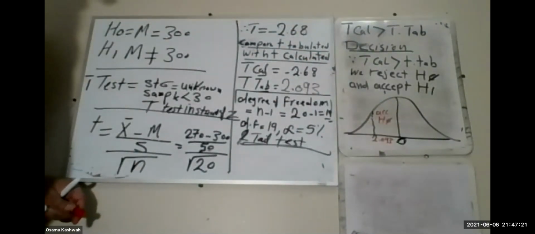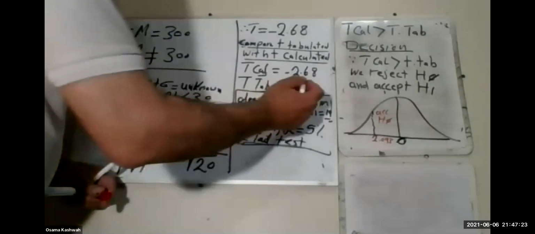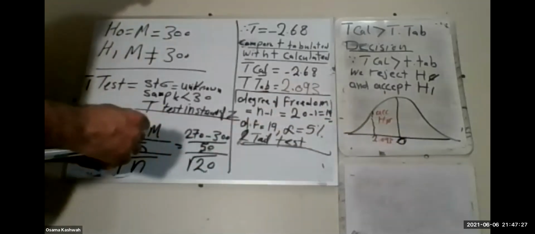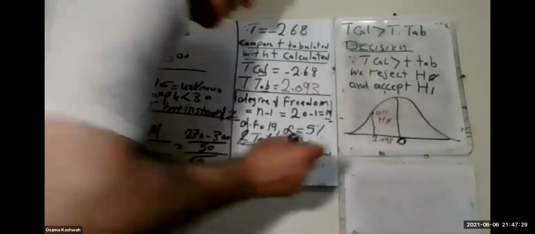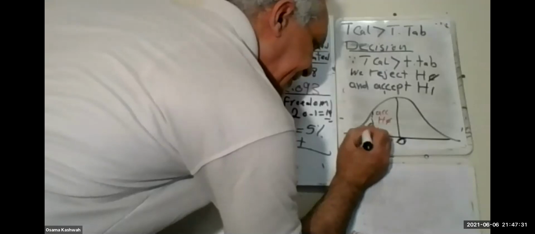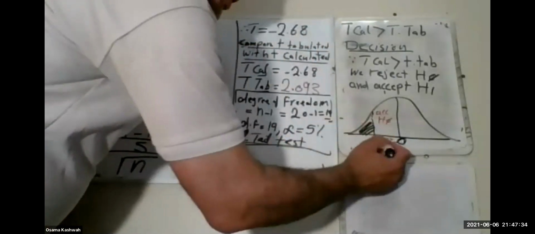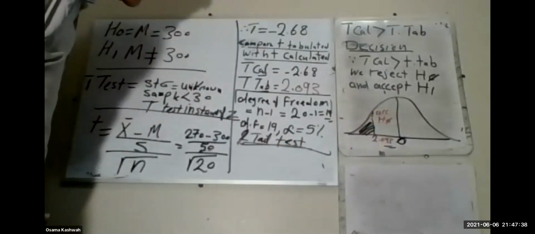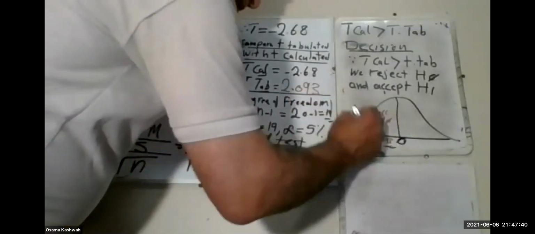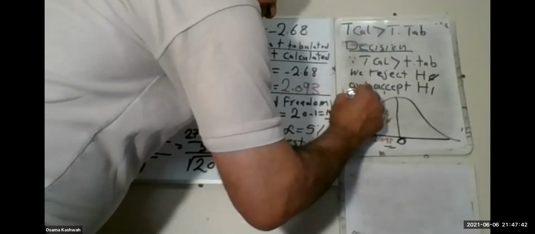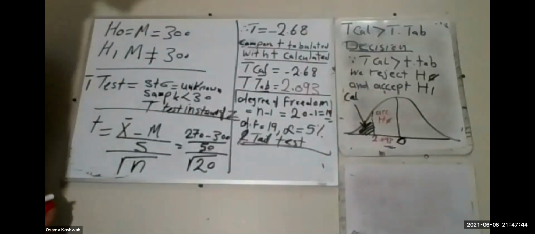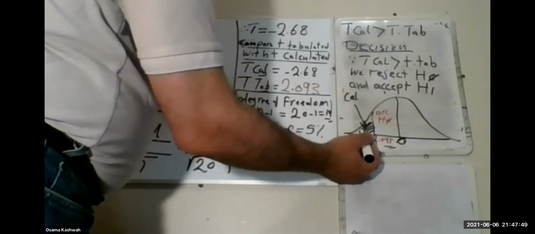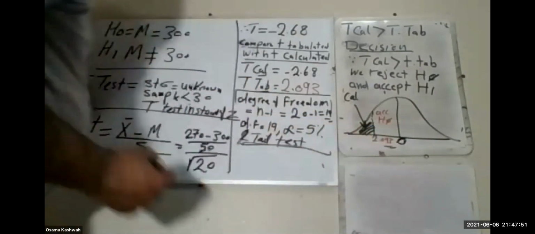As long as the T calculated is more, that means it's in this area here, because it's out of this range. It's more than this range. So the calculated is here in this area, which means if I accept H0 there, then here, the opposite, I reject H0.